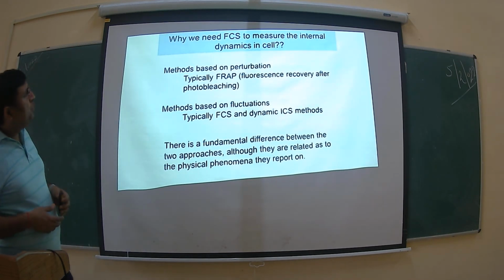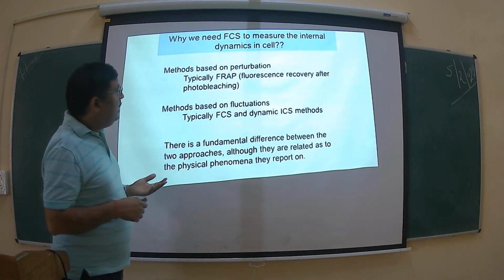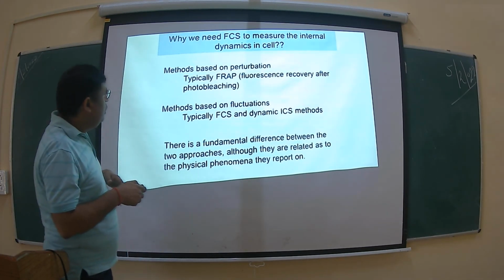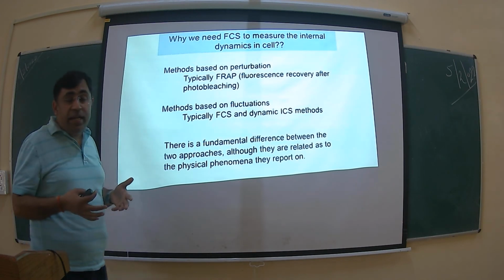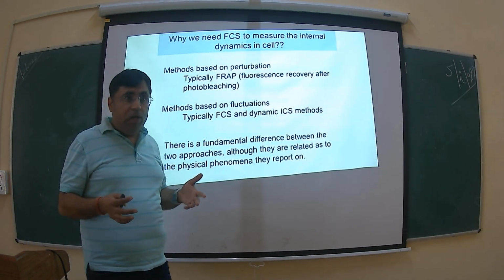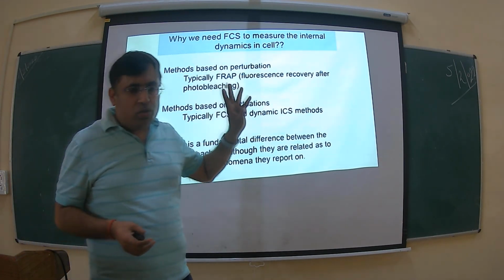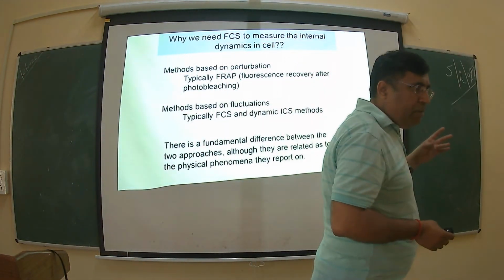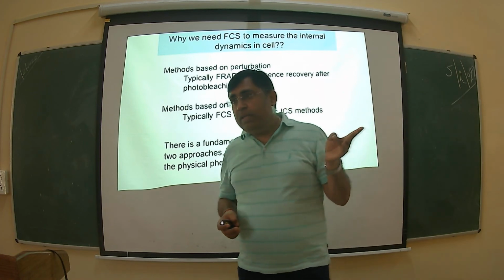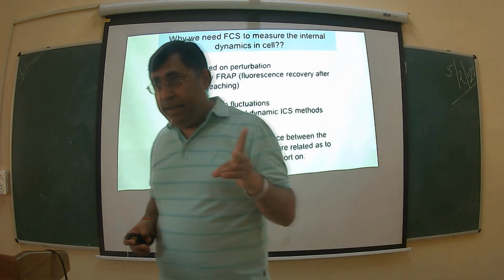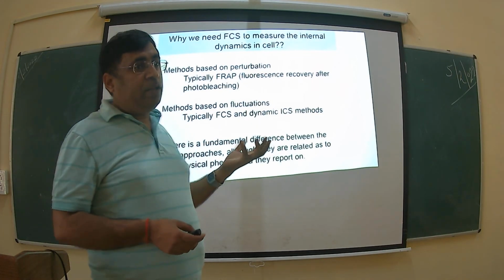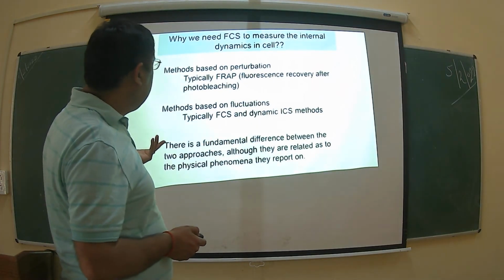Now there is another method which we are going to read, that is fluorescence correlation spectroscopy. We already covered fluorescence microscopy, FRAP, FLIP, and FRET, and the last one left is fluorescence correlation spectroscopy, which we will cover tomorrow.